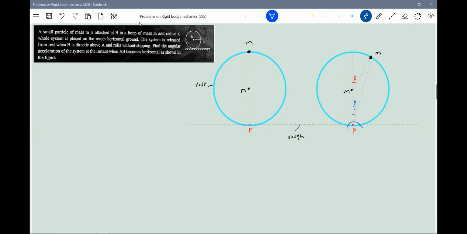Then let's bring that omega. Rolls without slipping. I think unless you have understood this rolls without slipping, you'll land in big trouble.